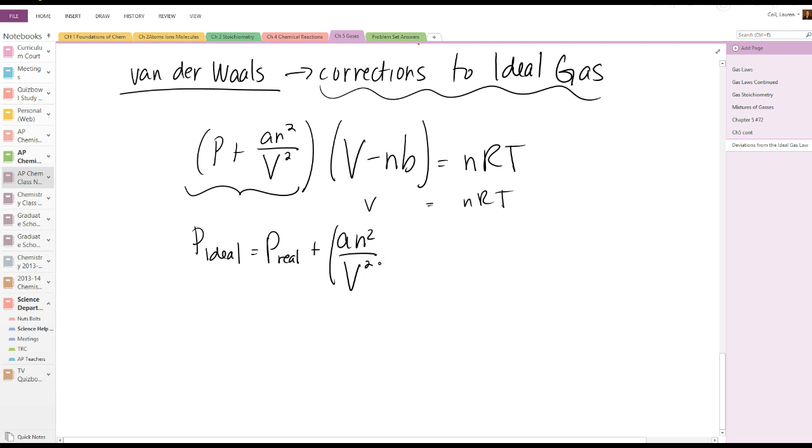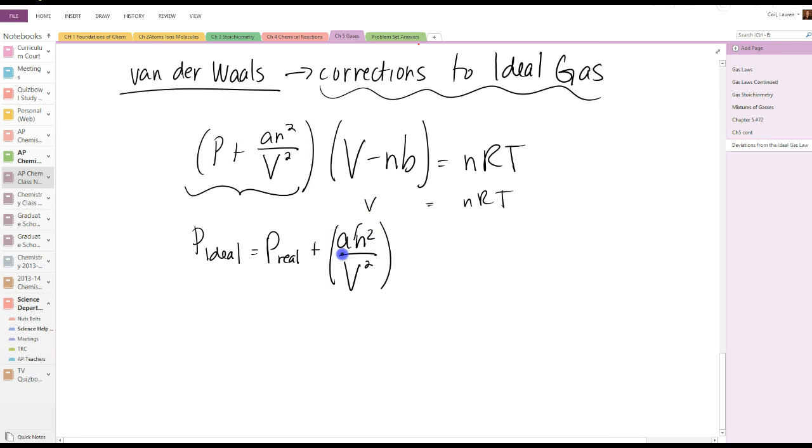That a comes from the idea that the intermolecular forces that cause non-ideal behavior depend on proximity. As the frequency of those encounters between the molecules increases, they increase with the square of n per unit volume, i.e. density, right?